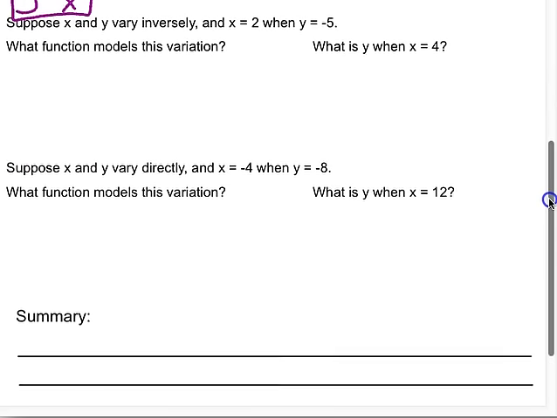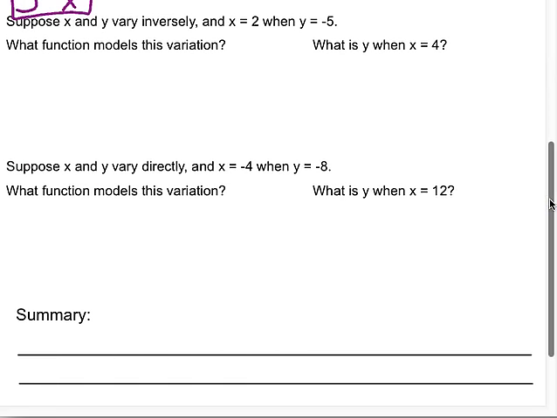So let's take a look at our next one. So again, I'm seeing inverse, which tells me I'm dividing by the x. Inverse always means you're dividing by whatever the variable is. And they're telling me that when y is -5, x is 2. So when I multiply that 2 up, I'm getting my k is -10.